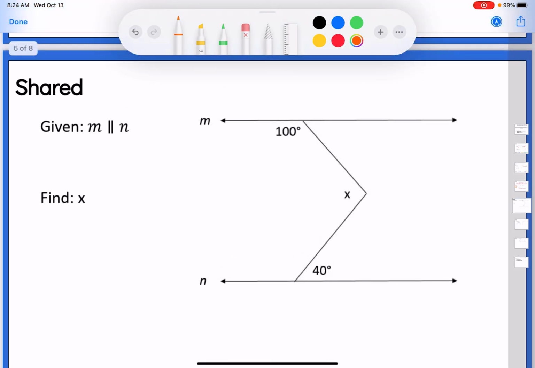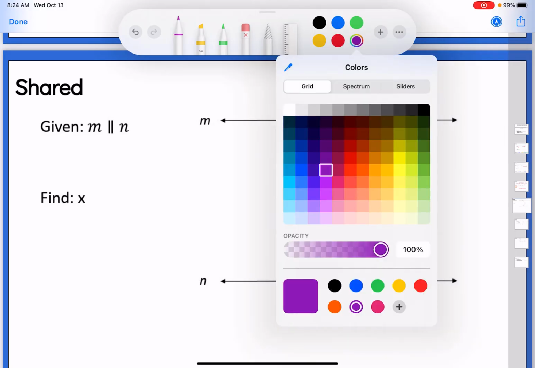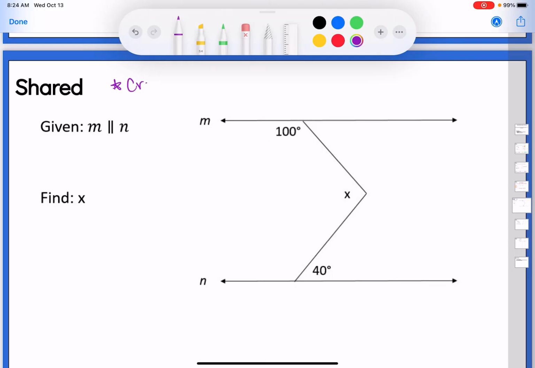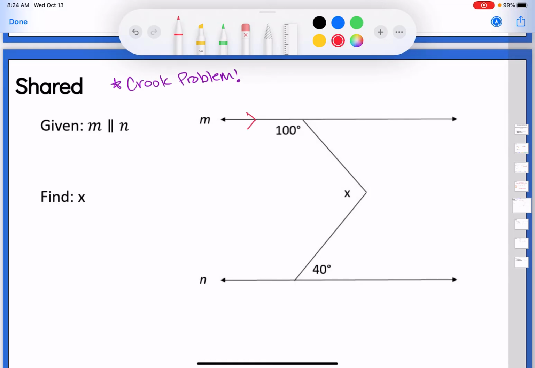So get this one all set up. This is what we call a crook problem. If you take a look at the picture, notice that I'm given M is parallel to N. So I do have two parallel lines.